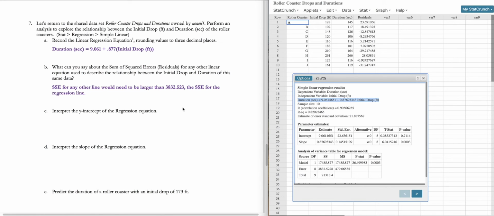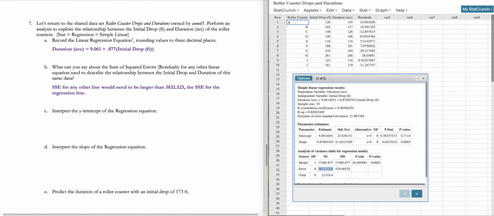Well, what you can say is that you would need to get a value larger than 3832.523, which is the sum of squared errors for this regression line. And remember, that came from right here. Sum of squared errors, the number right here, is what gives that to us.